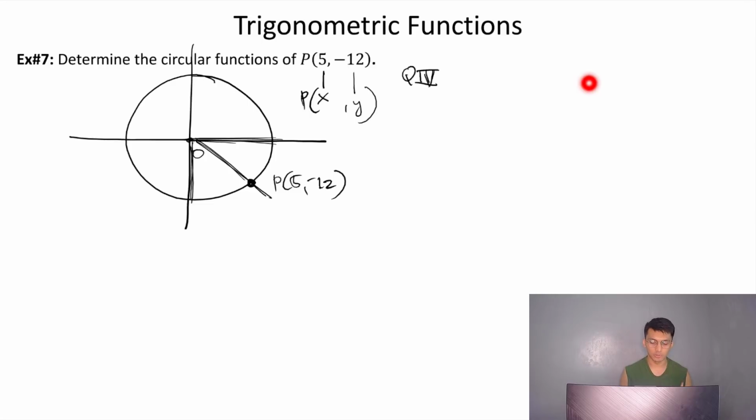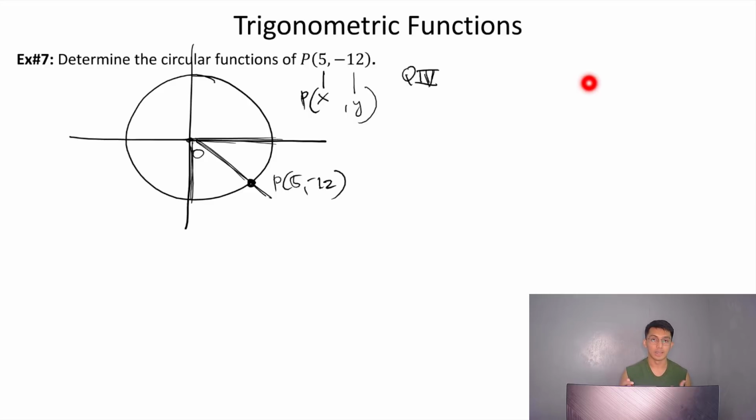Now, solving for the values of the circular function or the trigonometric function, yung sine, cosine, tangent, cosecant, secant, and the cotangent theta. To solve for that, dapat alam muna natin yung r squared.